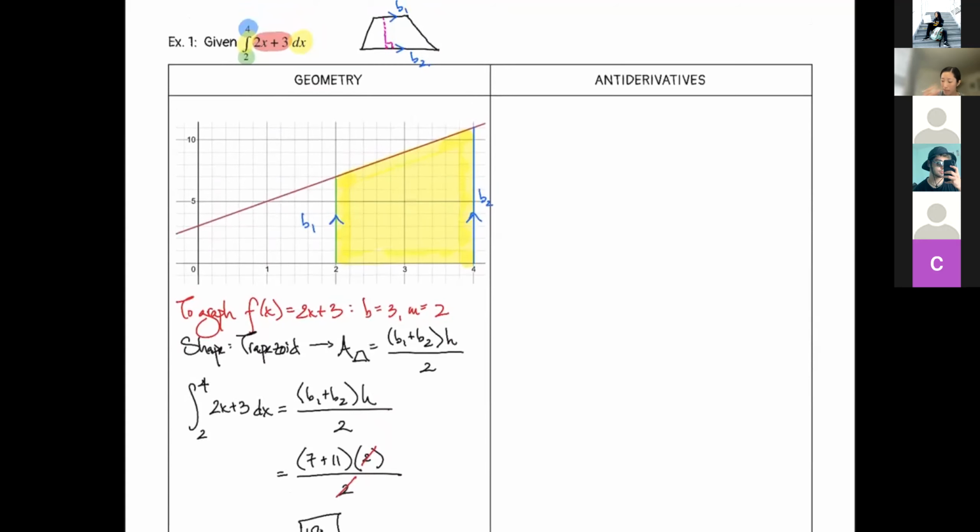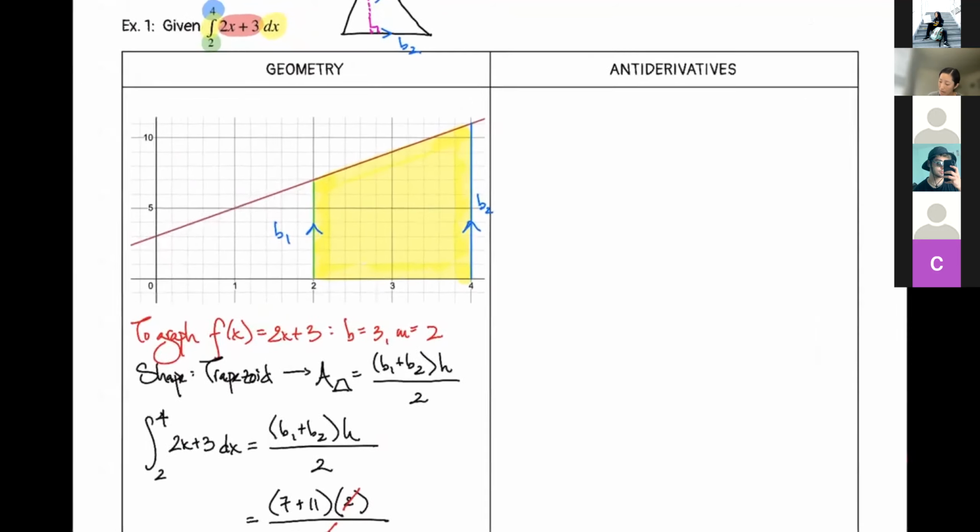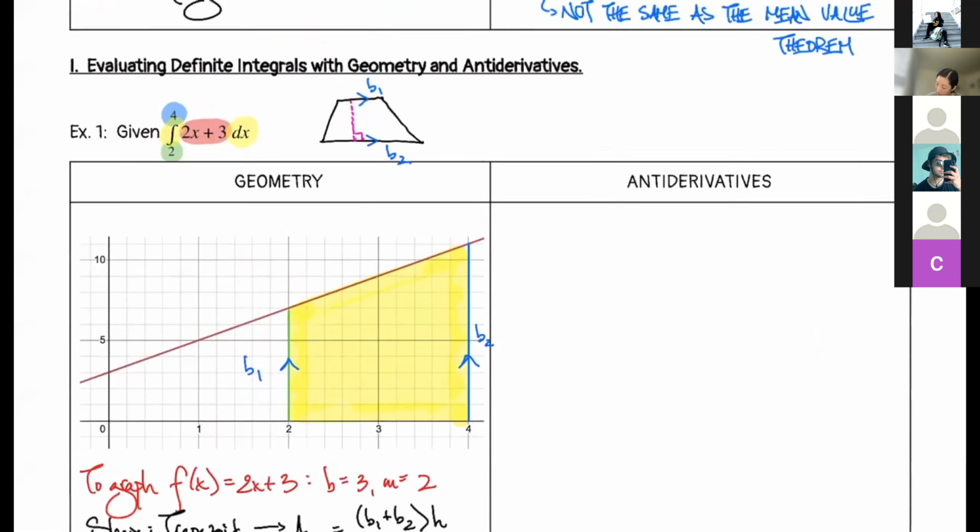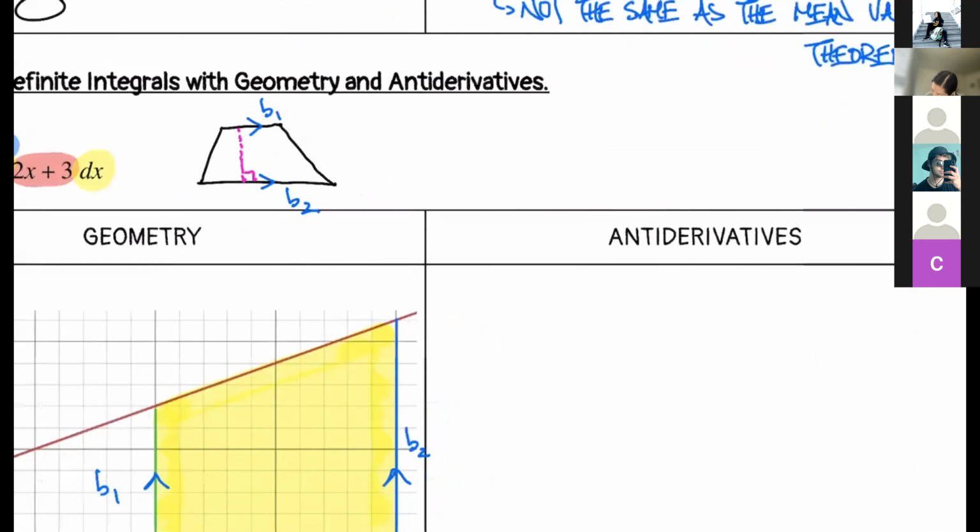But let's go back to this equation and say, well, what if we didn't have a diagram? Okay. What if we did not have a diagram? So let's take the equation, the integral from 2 to 4 of 2x plus 3 dx. Okay.